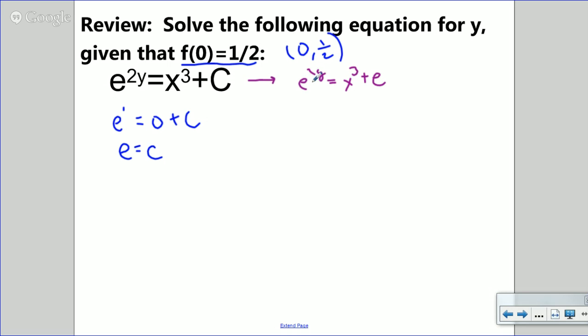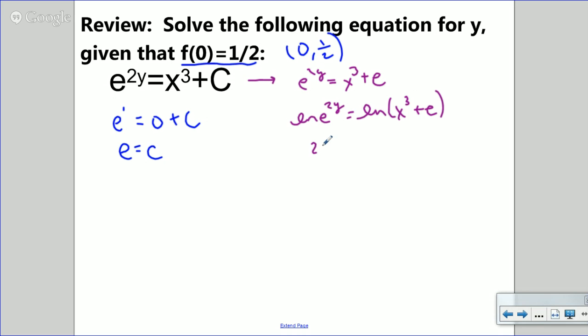So the first thing I need to get rid of is this e. So what undoes e? What's the inverse of e? Well, the inverse of the exponential function e to the x is ln of x. So if I take ln of both sides, what happens is these undo each other, right? And you can think of the power rule if you want to fly this forward, and then ln of e is 1, right?